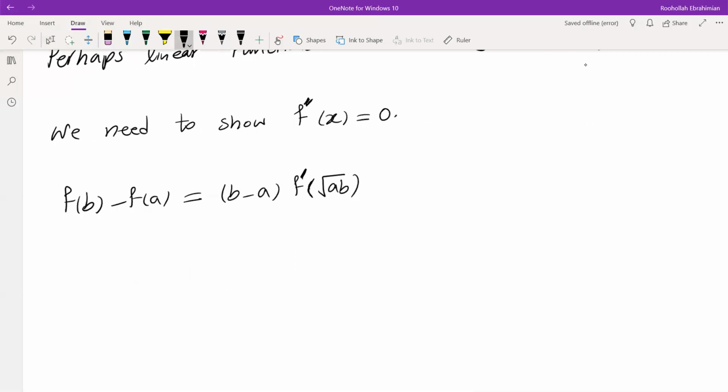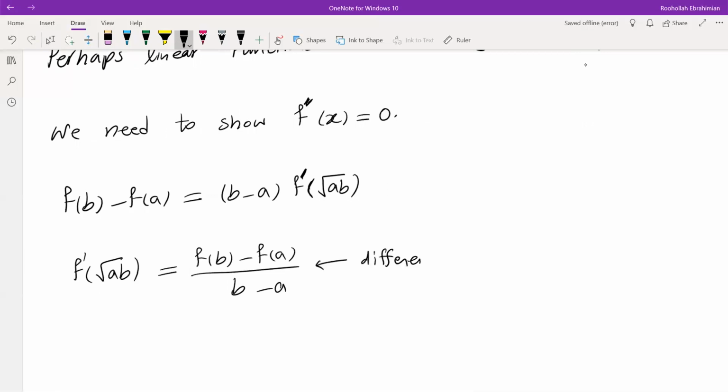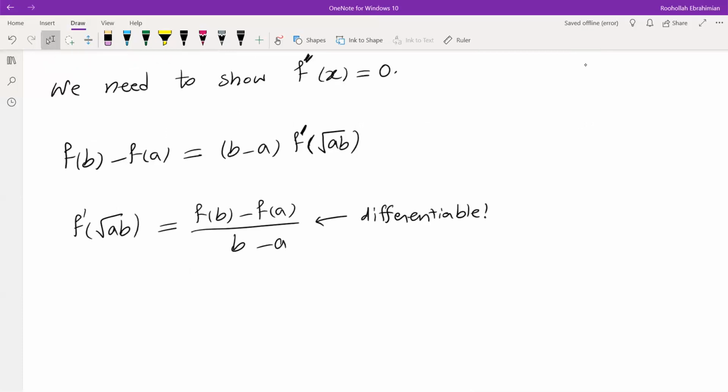I don't know whether f has a second derivative. But what I do know is that f prime is in terms of f. So this is differentiable because f is differentiable. Therefore, I'll have to kind of justify that further. Therefore, f double prime does exist.